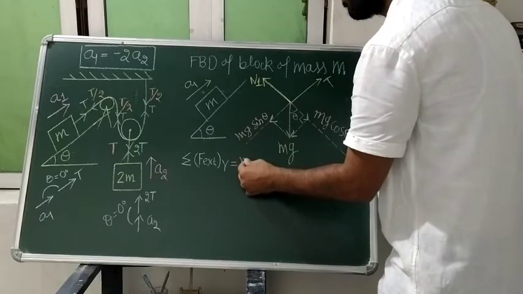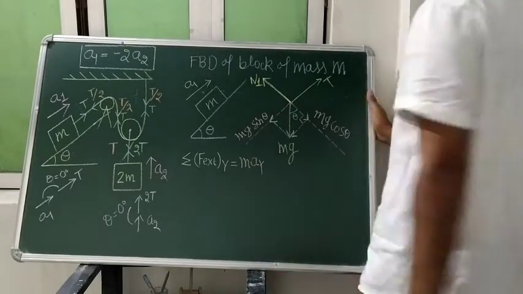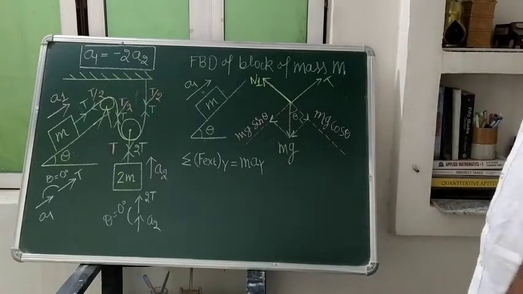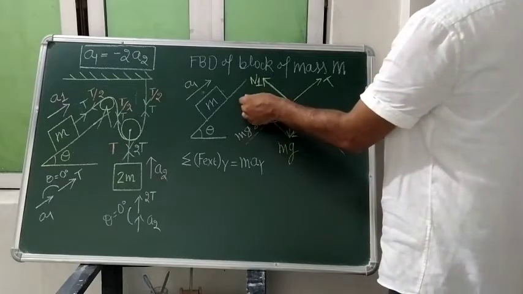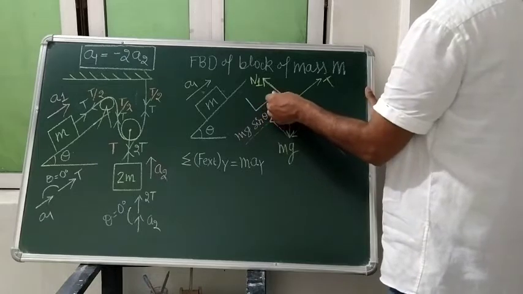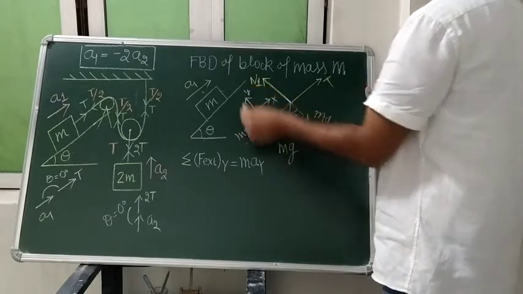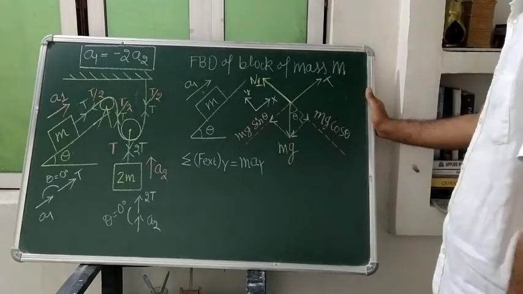Mass times the acceleration in that direction. So acceleration in y direction. Okay? So suppose this one is our x-axis and this one is our y-axis. This side I have selected as positive, or any side you can say as your positive.